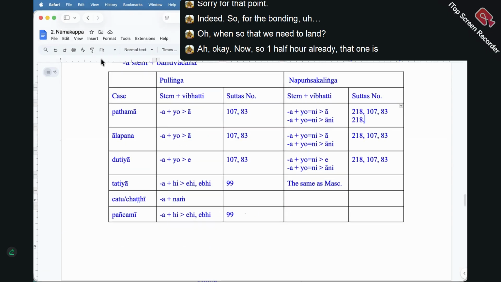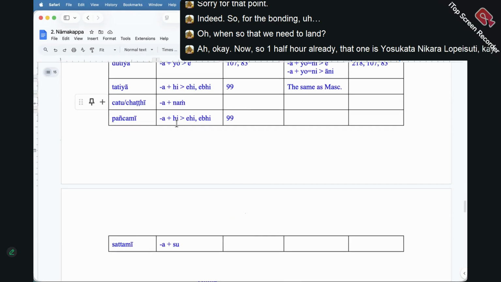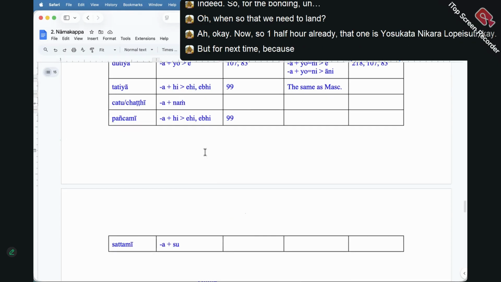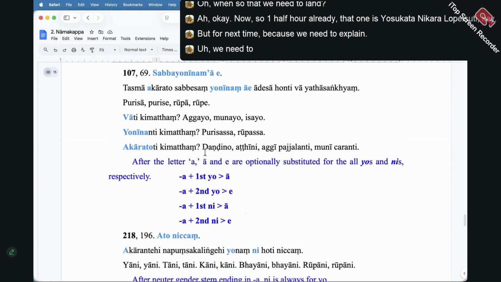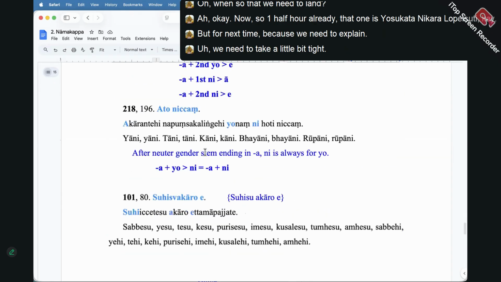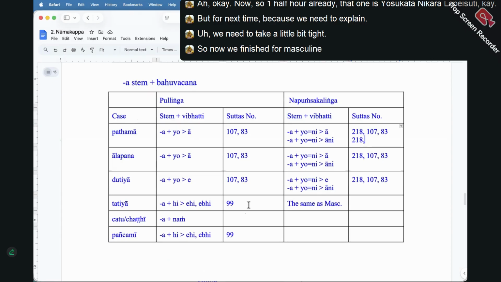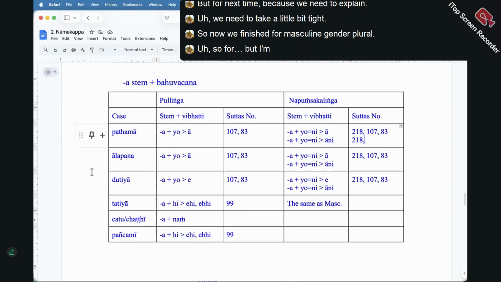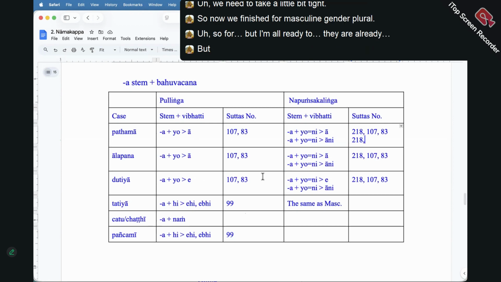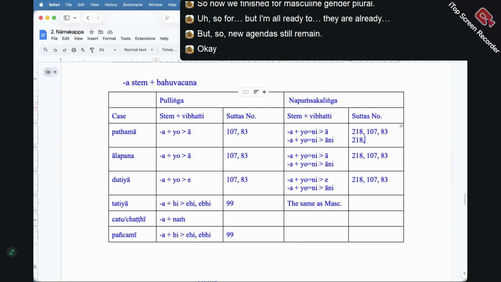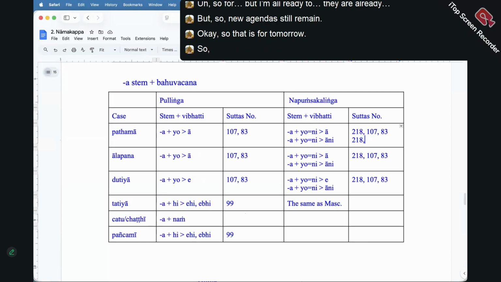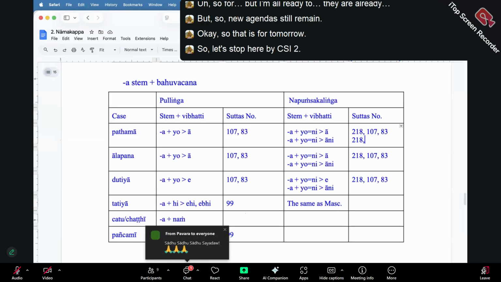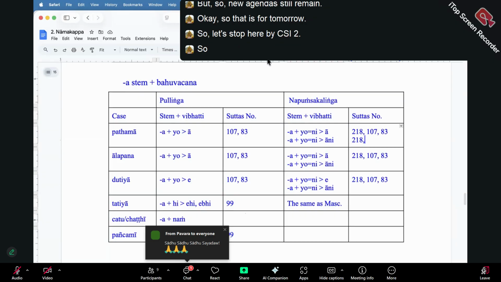That one is Yosukata Nikara Lobe Sutike. But for next time, because we need to explain, we need to take a little bit of time. So now we have finished the masculine gender plural, for Pathama Vibhatti and Dutiya Vibhatti, but the neuter gender still remains. Okay, so that is for tomorrow. So let's stop here by saying sadhu. So one, two, sadhu.